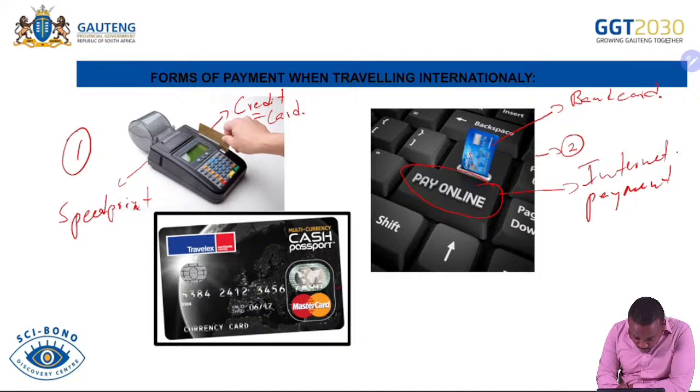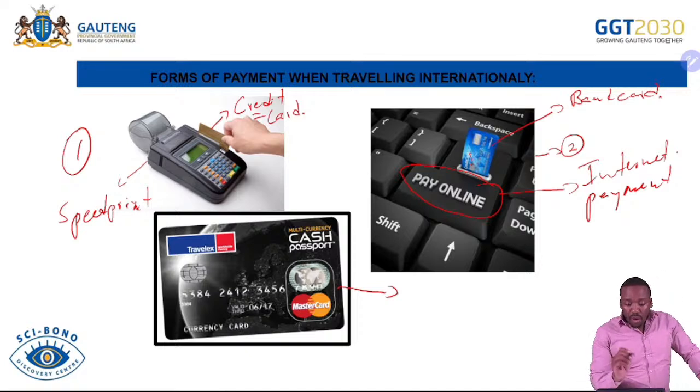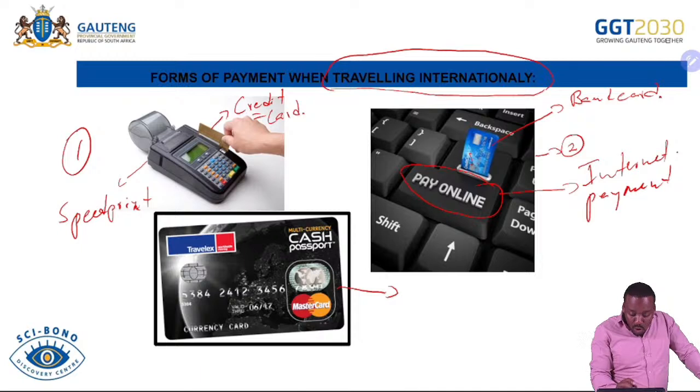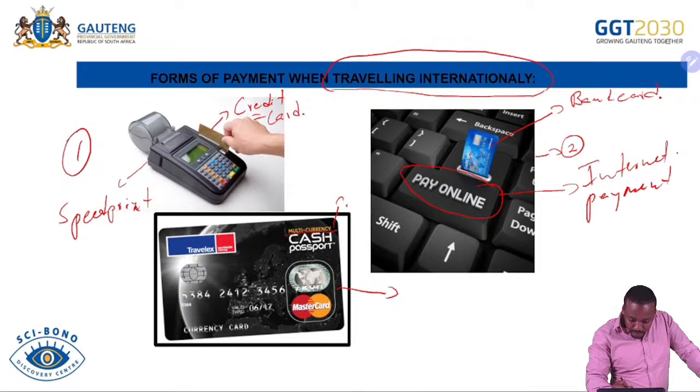Then when you look at this one, right? Remember here we are talking about forms of payment when traveling internationally, meaning when you leave your country to go to another country. When you look at this one, it is also a bank card. But let's just try to interpret what happens there. Can you see it says multi-currency cash passport? So it is a currency card.